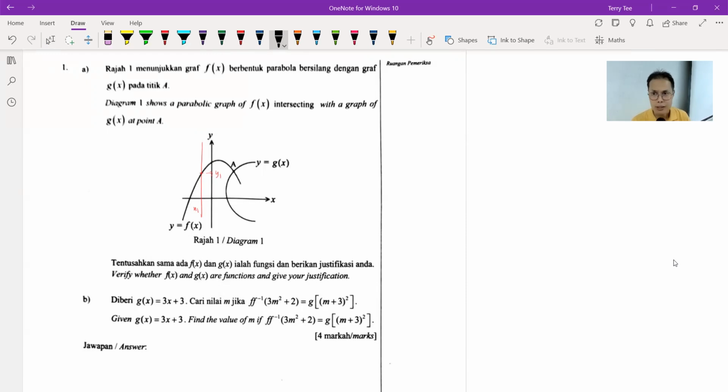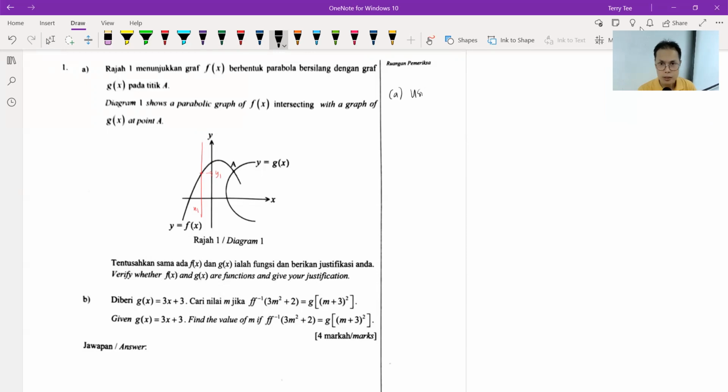To determine this, I'm going to write my solution over here. For part A, using the vertical line test, we draw a vertical line. We notice that the vertical line cuts the graph y equals f(x) at one point.